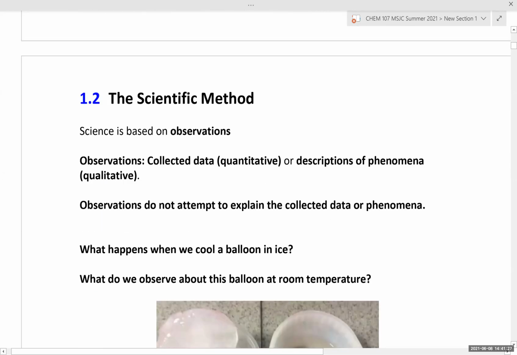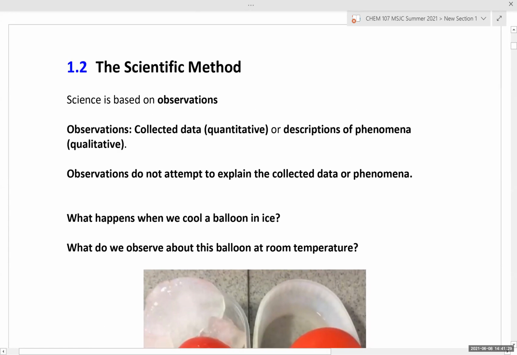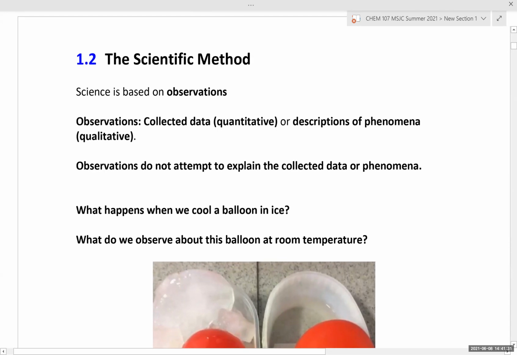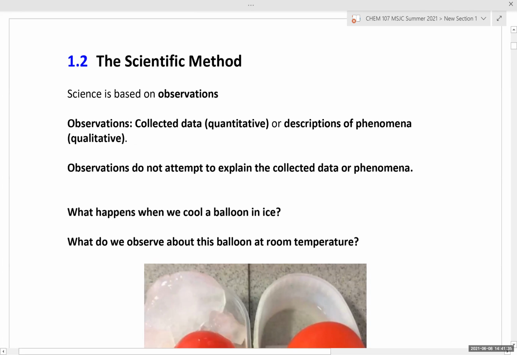So, when we start thinking about practicing chemistry, a central tenet to the practice of science, this practice of observing and beginning to explain and rationalize the world around us, is the scientific method. And the scientific method has the following tenets.